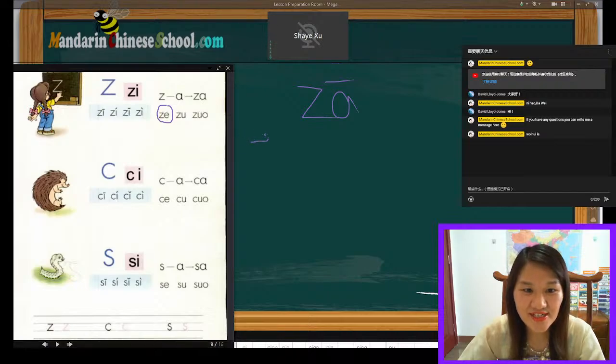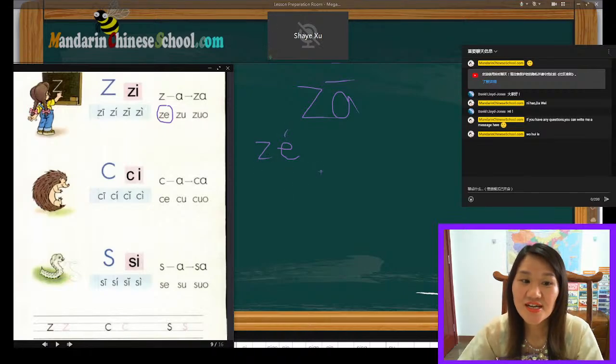The final is 韵母. Final is 韵母. So 韵母是 z. 则则，好，第三个，third one z, third tone, okay?